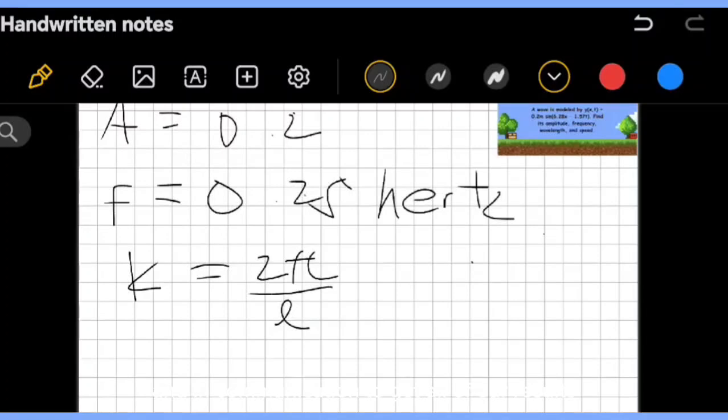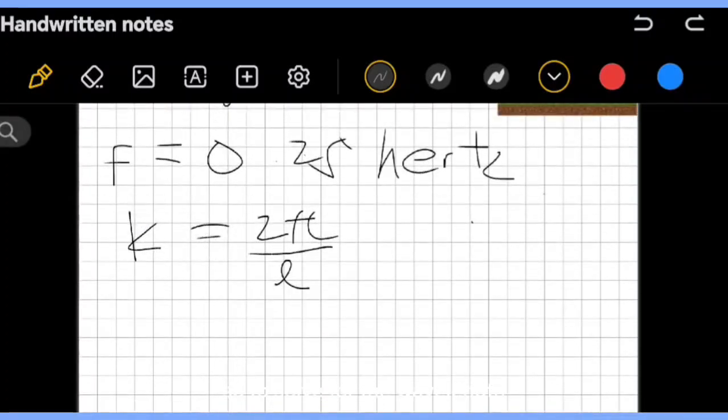Wavelength is represented by this Greek letter, lambda. To solve for the wavelength, all you have to do is first rearrange this equation by multiplying both sides by lambda, so that cancels out.